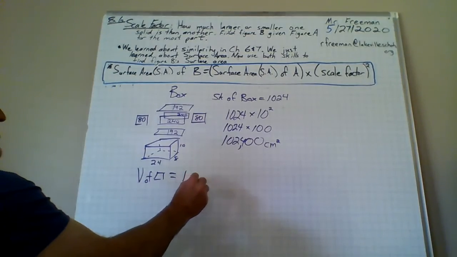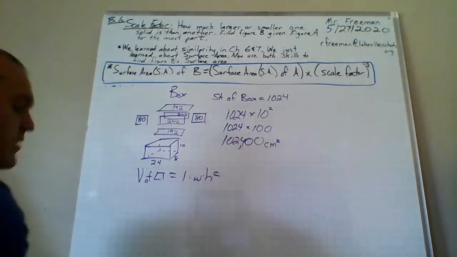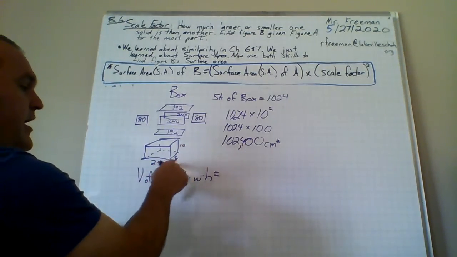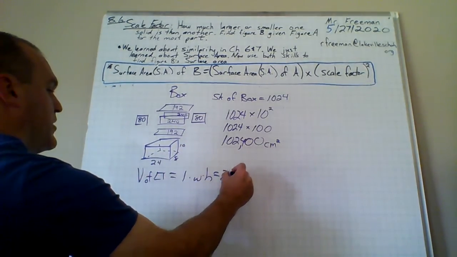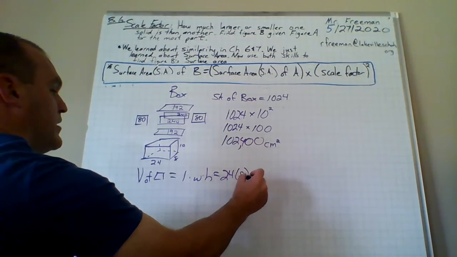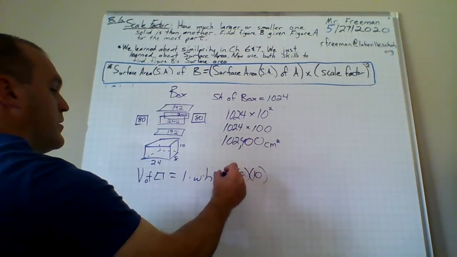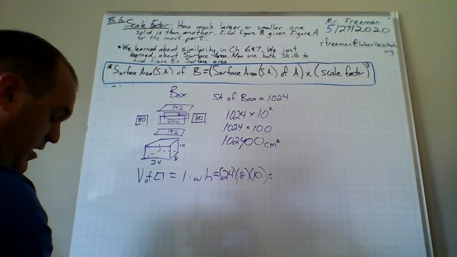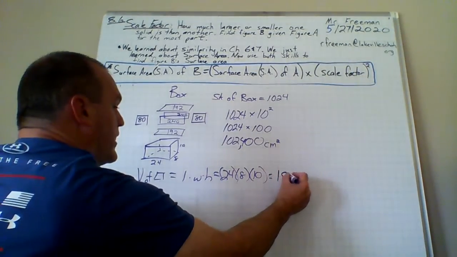That's just length times width times height, isn't it? Those ones are all pretty simple, which means if I do length times width times height, when I multiply all those together, 24 times 8 times 10, that gives me 1,920.